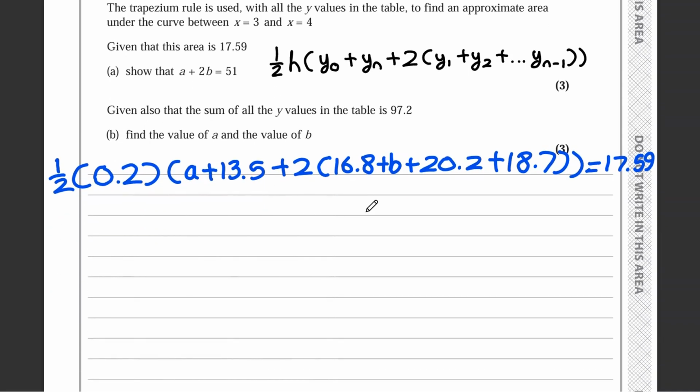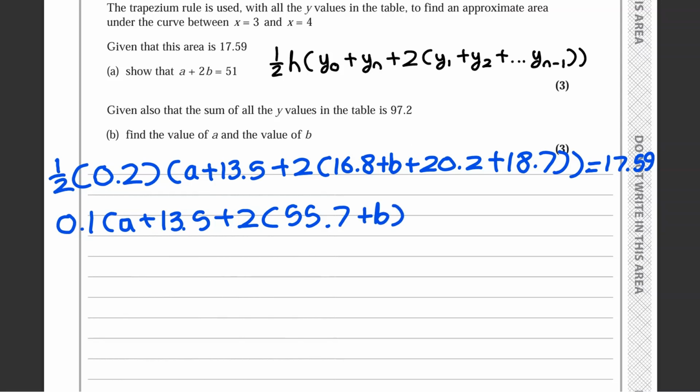Okay, so we can do some simplifying here. Firstly we have a half times 0.2, which is equal to 0.1. So we still have this a plus 13.5 plus 2 times the bracket. Now here we have this 16.8 plus 20.2 plus 18.7, which if you put this into a calculator, it's going to be 55.7, and then we've still got this b here, so this is still plus b, and this is still equal to 17.59.